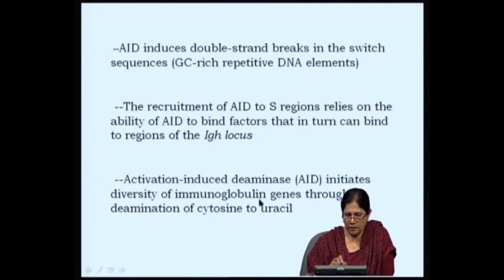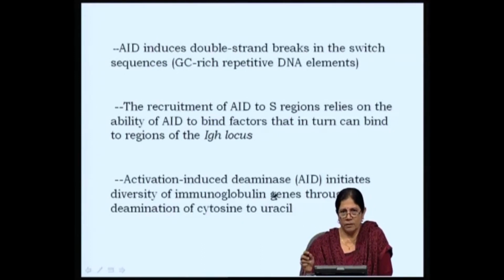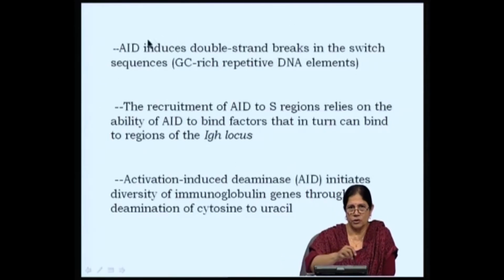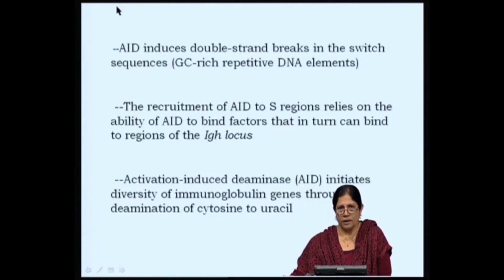Another thing, activation induced deaminase, as one can imagine, also initiates diversity of immunoglobulin genes through deamination of cytosine to uracil. Now, this is another factor that governs the variability, but what we are dealing with of course is the constant domain and the class switching.